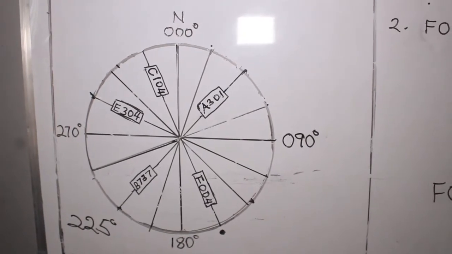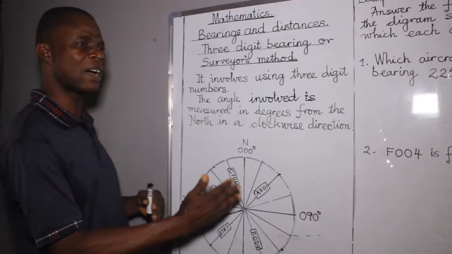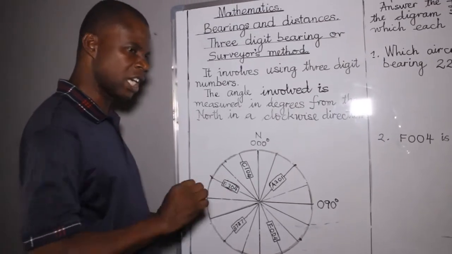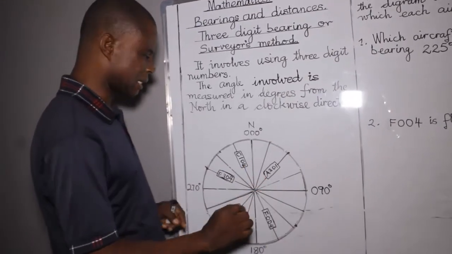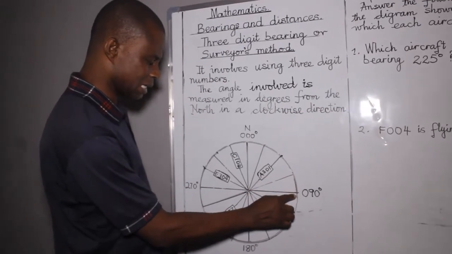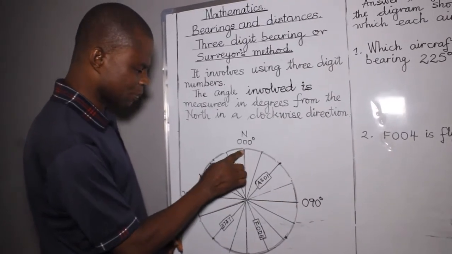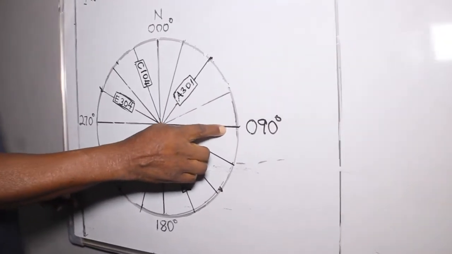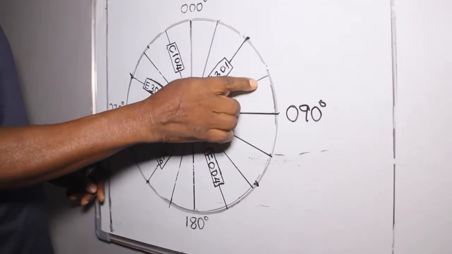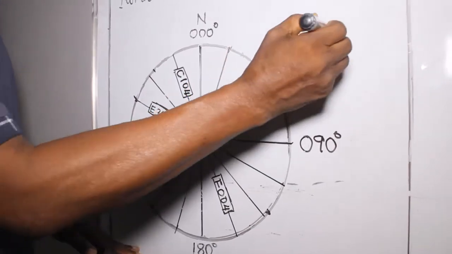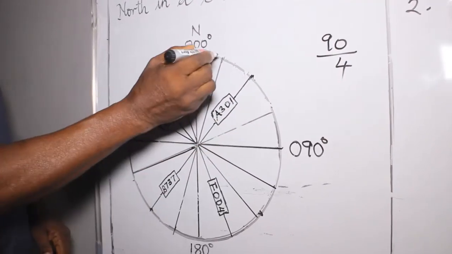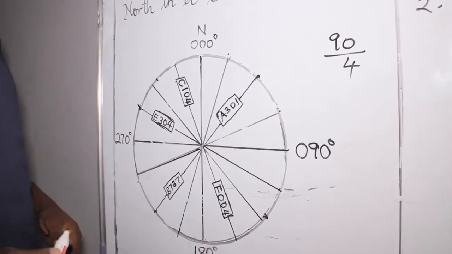This is a complete circle and is divided into various parts, but they are all even, equal degrees apart. From here to here is 90. And between this place and this point, we have 1, 2, 3, 4 parts. That is 90 degrees divided by 4 to know what each one of them is.